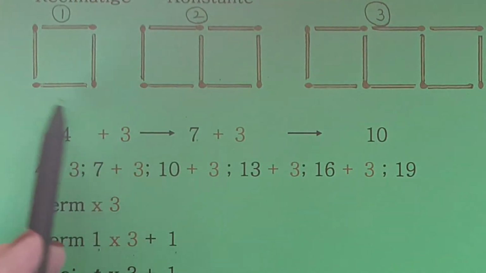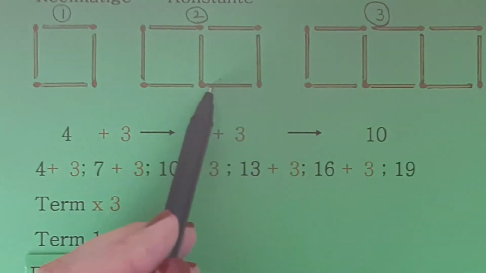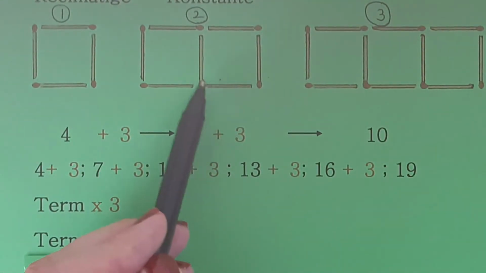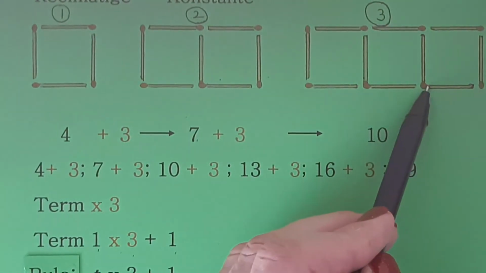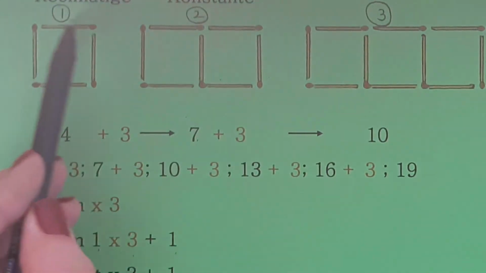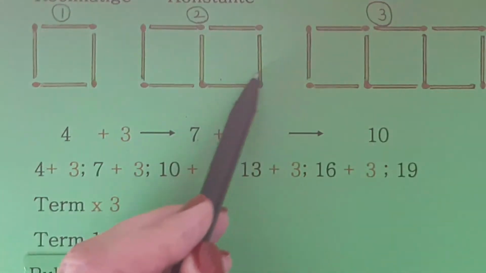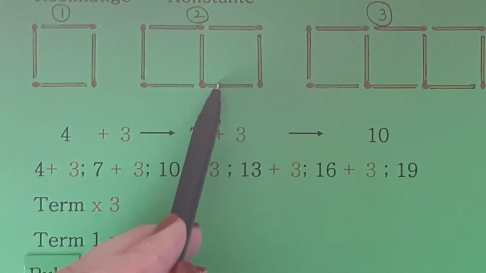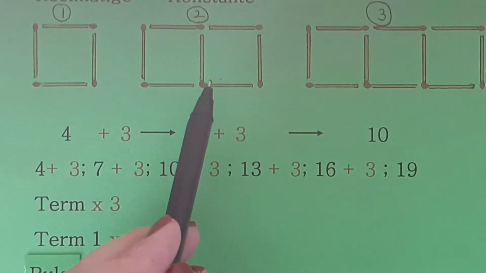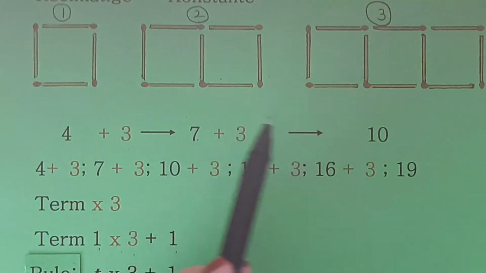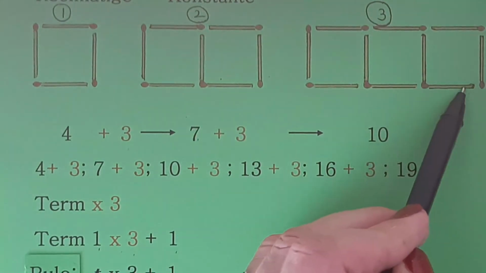You're starting with 4 matches, then you add 3 to get the next one, and you add another 3 to get the third term. So it's 4 plus 3 gives you 7. So there are 7 matches in this one. So your ratio is a constant difference. There you add 3 again.